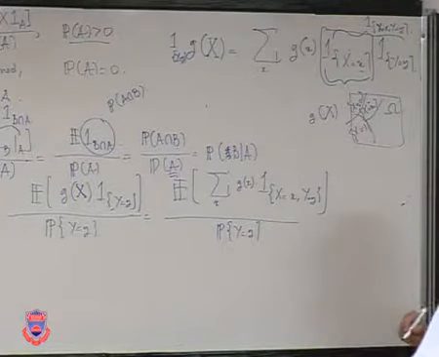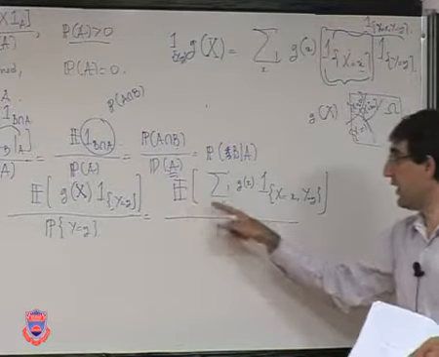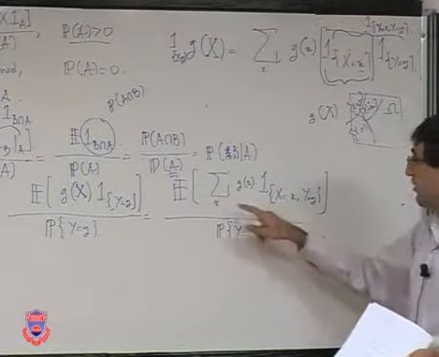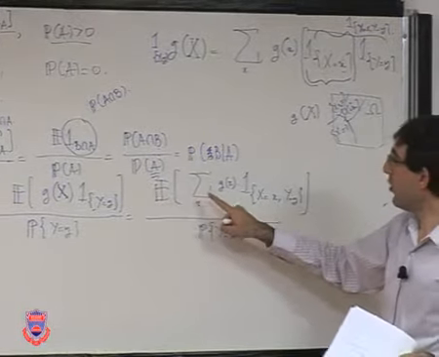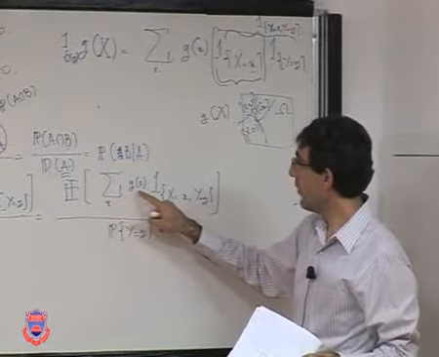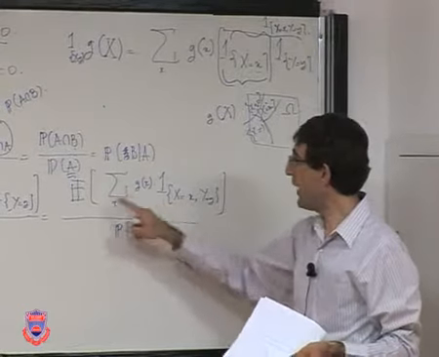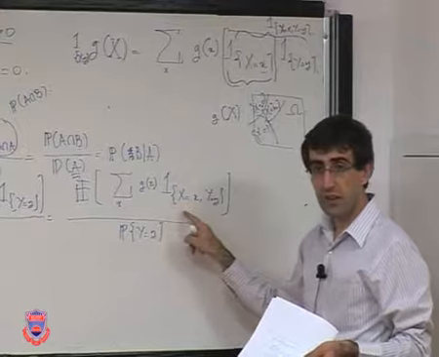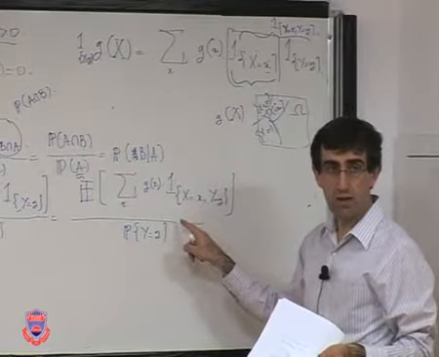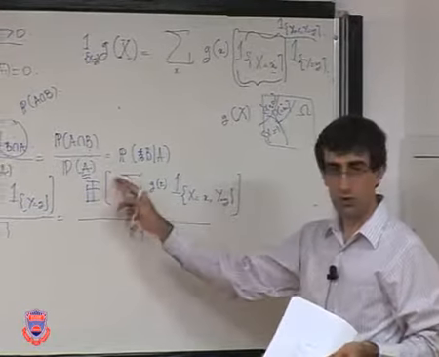Okay? I can still simplify this expectation, right? This is the expected value of some numbers times some random variables. The expected value of a sum of random variables is the same as the sum of the expected values, so I can interchange the order.